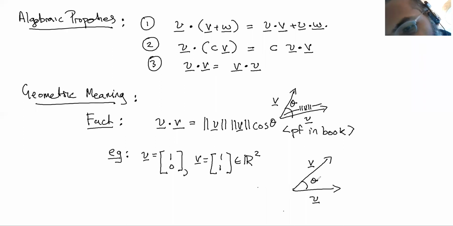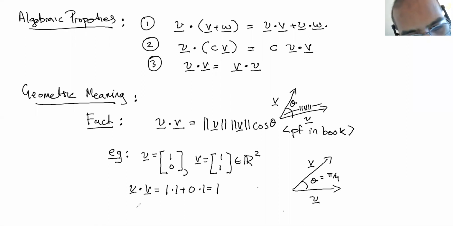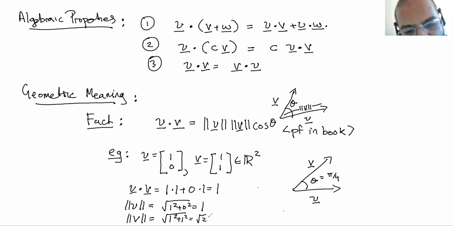I know from prior experience that this angle is pi over 4. But let's just check that the dot product gives that to you. The dot product of u and v is 1 times 1 plus 0 times 1, which is 1. The norm of u is the square root of 1 squared plus 0 squared, which is 1. The norm of v is the square root of 1 squared plus 1 squared, which is root 2.